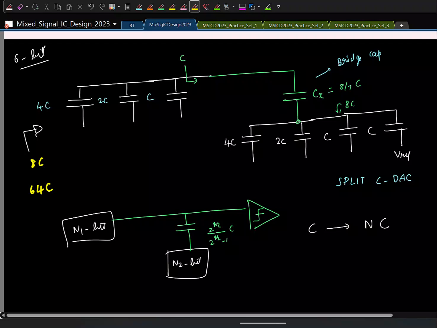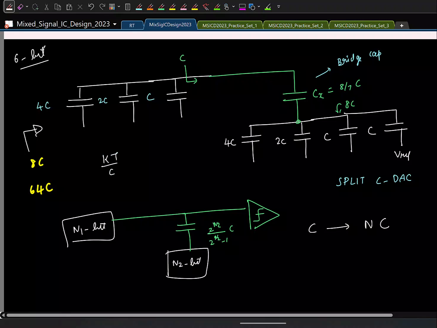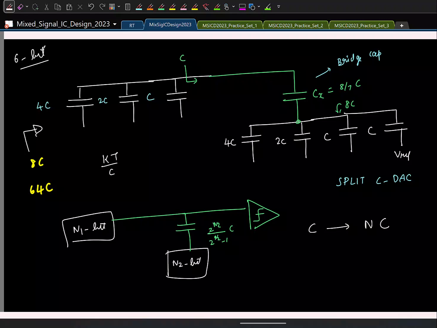So I significantly reduce the total sampling capacitance, and on paper I can use a sampling capacitor as dictated by kT by C. But in practice, there is one other constraint that will limit the capacitance value, which is what we look at next.